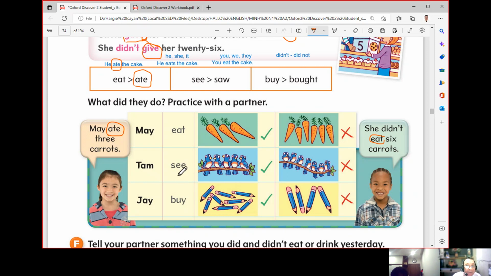He didn't see any birds. He didn't see two, four, six, seven birds. Very good. The next one.